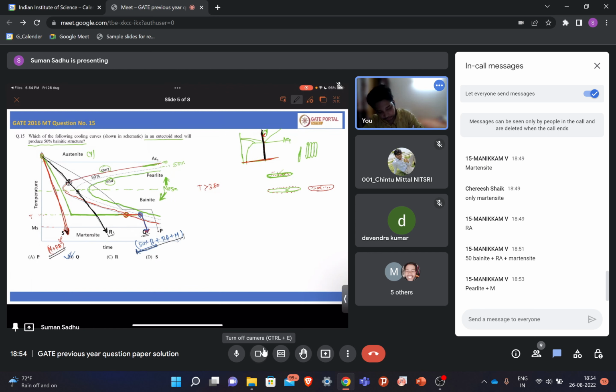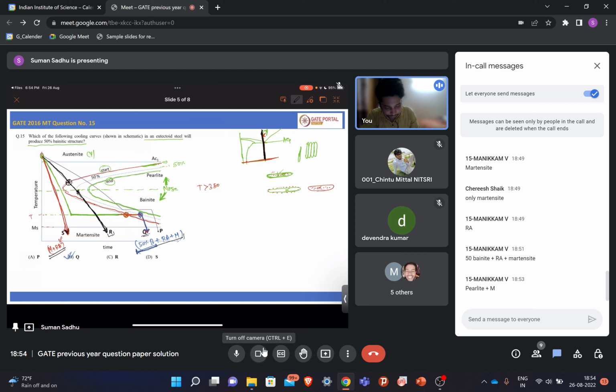So up to this point there will be pearlite formation, mostly 50% pearlite will be produced, and the rest of the part will be retained austenite. Okay, so this retained austenite, when it is coming below the Ms temperature, some parts of it will transform into martensite.